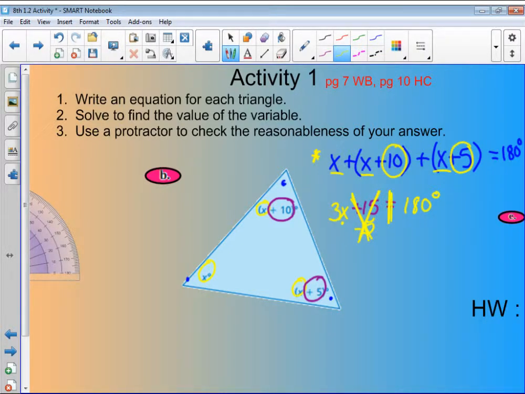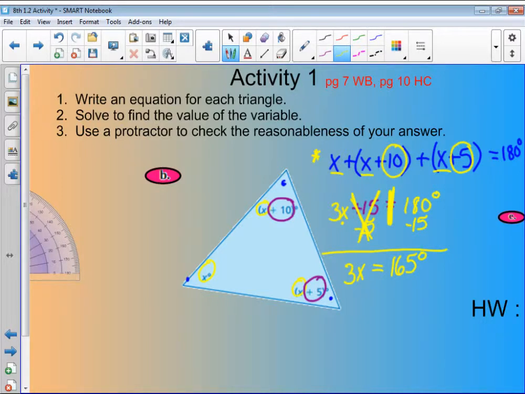Remember, we work inverse, so that's why we have to do order of operations in reverse. So if I did minus 15 on the left side, I'm going to do minus 15 here. So I have 3X left on this side equals 180 minus 15, which is going to give me 165.